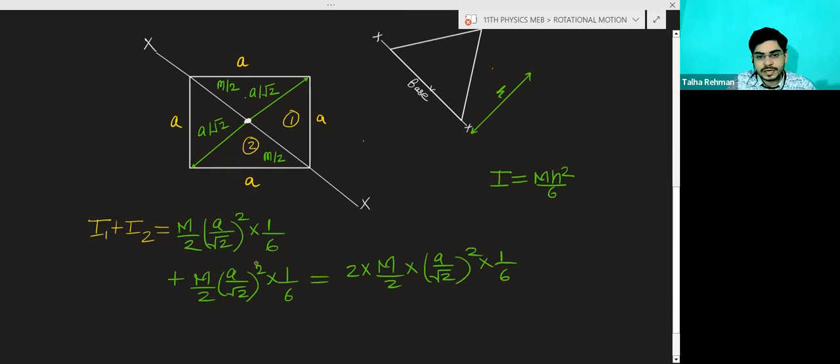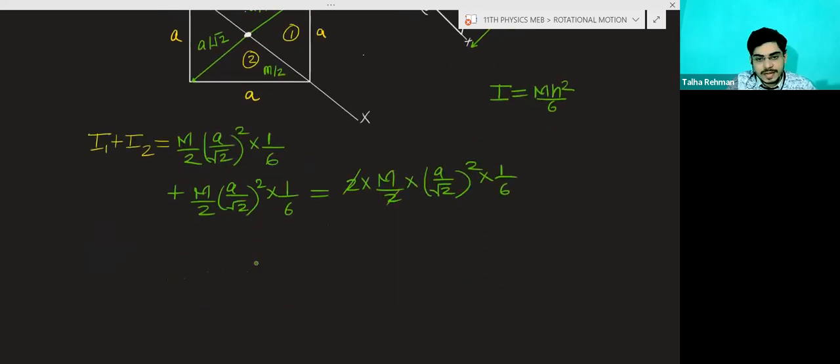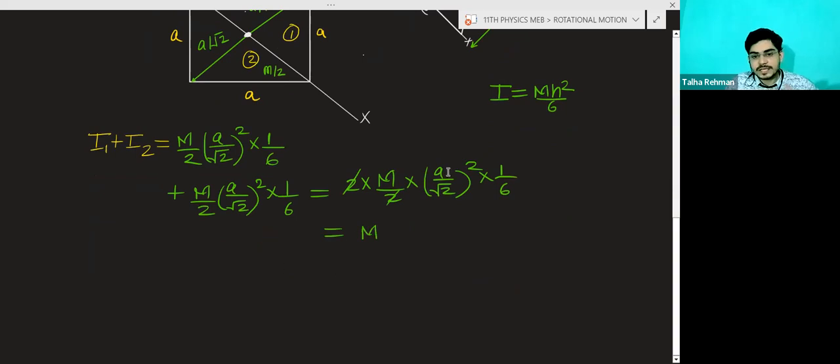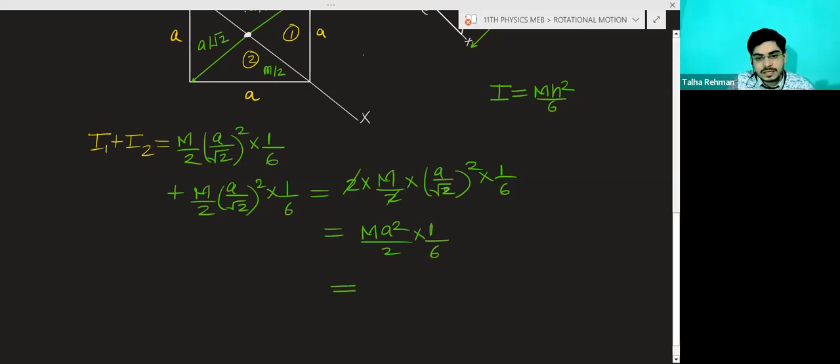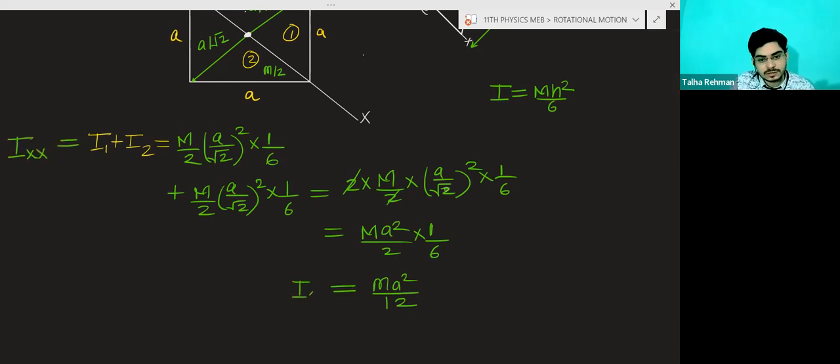This 2 and 2 will get cancelled out. So you will have m, and this is A square by 2, multiplied by 1 by 6. So finally, what will be the answer? M A square divided by 12. This is the total moment of inertia about the axis of this square lamina.